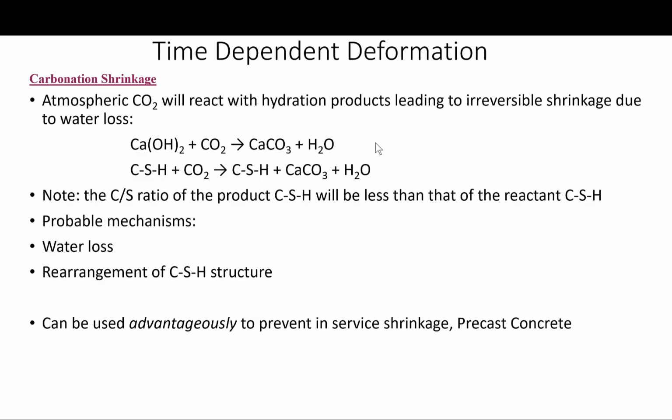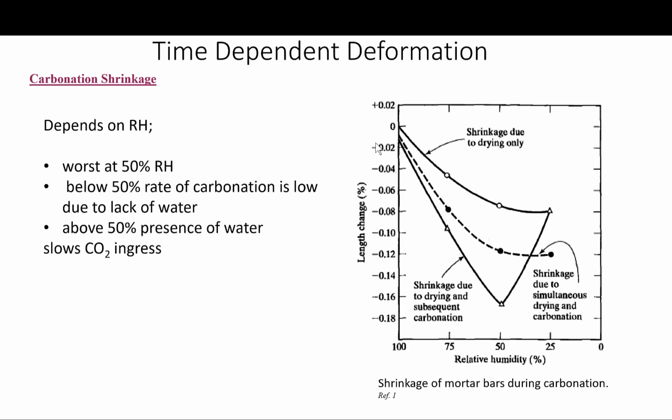so let's look at the slide I just mentioned about how carbonation shrinkage is impacted by relative humidity. If you look at this graph, we have here the length change in percent, of course, increasing. I mean shrinkage, but the value is increasing as we go this direction, and this is the relative humidity.